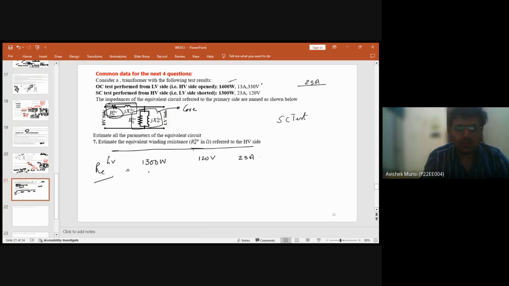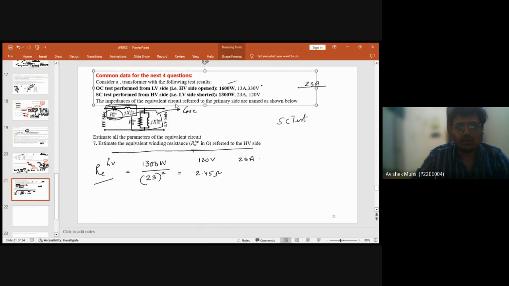So what will be the resistance? That is 1300 watt by 23 squared. This will give around 2.45 ohm.